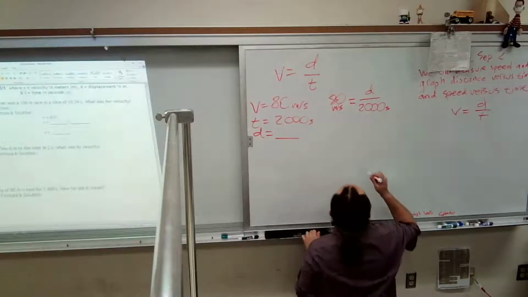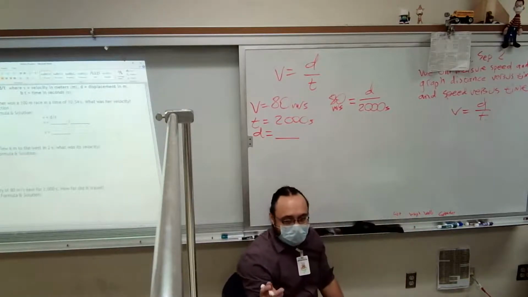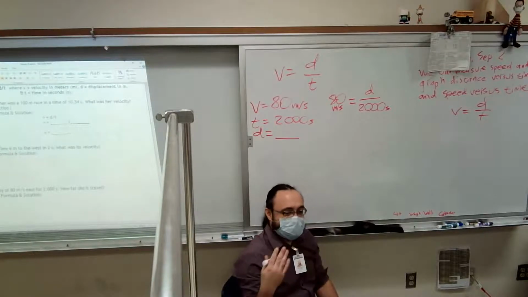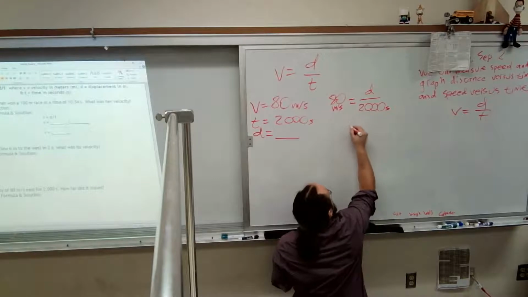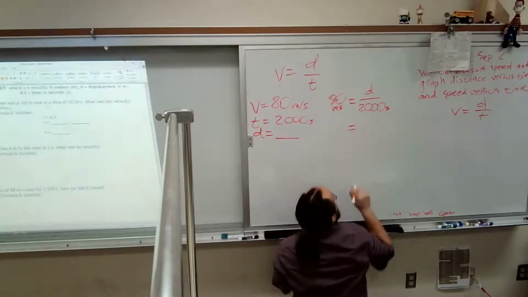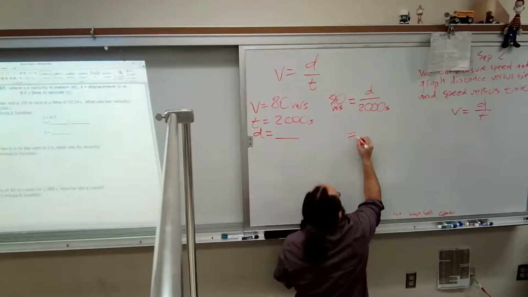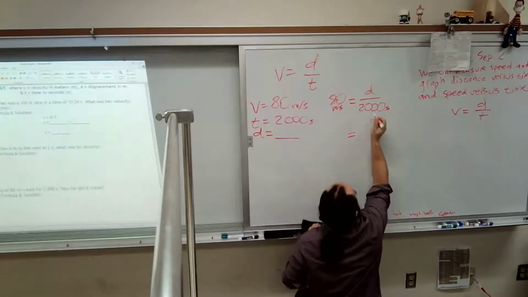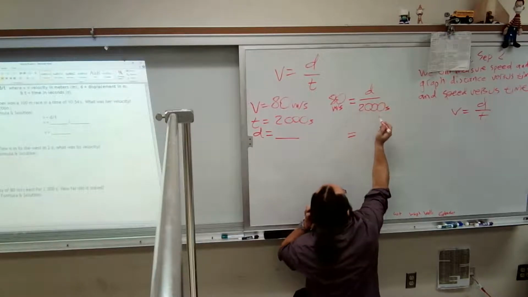So doing it this way, I know a lot of y'all probably remember your algebra, but this is the way that I like to think of it. Keep my equal signs lined up here. All right, equal signs lined up. I need to get this distance by itself.